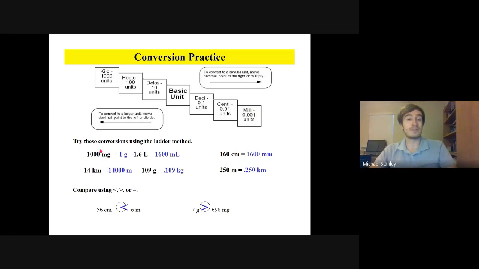So when we moved the decimal spot 3 jumps to the left, our new conversion was 1. We started at milli, did 3 jumps to the left to get back to basic, and then did the same 3 jumps with our decimal point and figured out that 1,000 milligrams is equal to 1 gram.